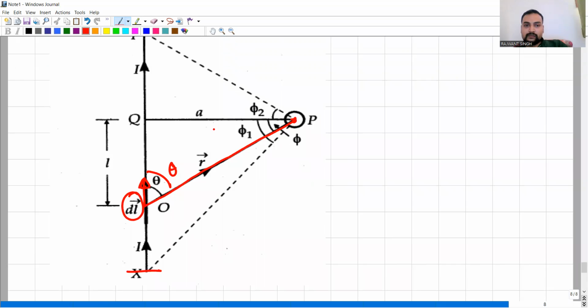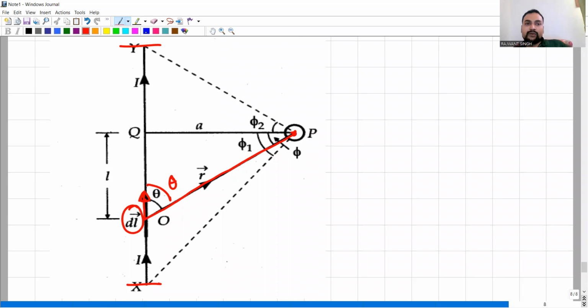Now, you see this r is not the perpendicular distance from the wire. It is the distance from the dl point to the point P. So first we need to find the perpendicular distance. So this becomes our perpendicular distance from the wire, which is a.